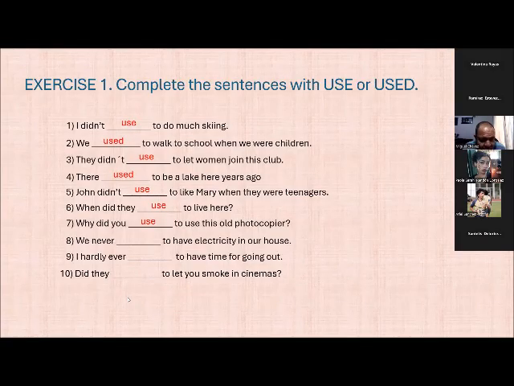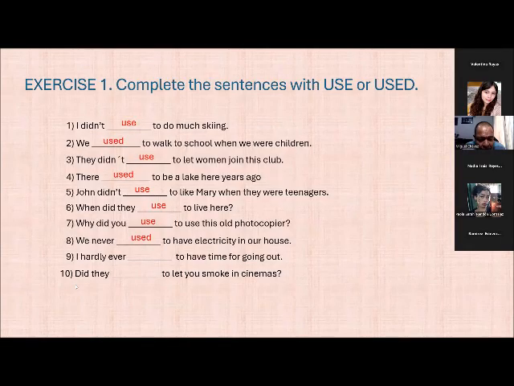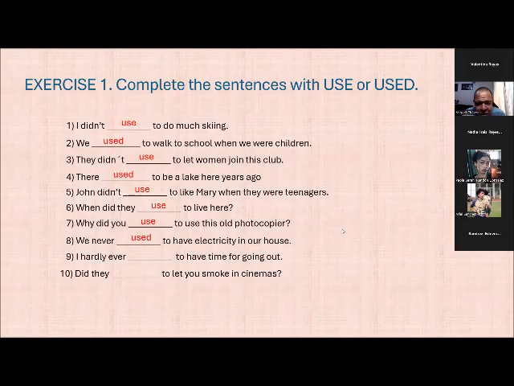Then, Camila, please. We never use it to have electric in our house. Okay, thank you. Nadia, please, next. I hardly ever use it to save time for going out. Okay, thank you so much.